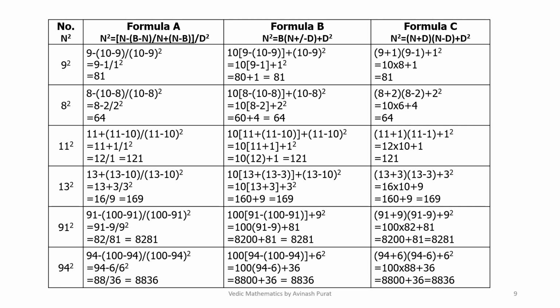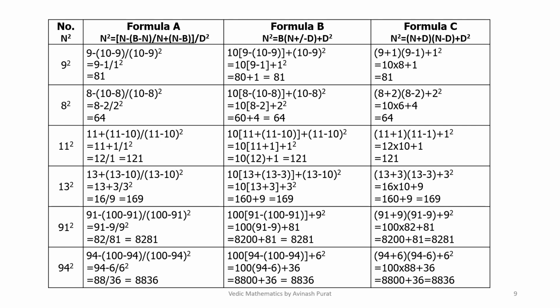Second formula gives 100 multiplied by (91 minus 9) plus 81, that is 8200 plus 81, equal to 8281. Third formula gives (91 plus 9) multiplied by (91 minus 9) plus 9 square, equal to 100 into 82 plus 81, that is 8200 plus 81, that is 8281.